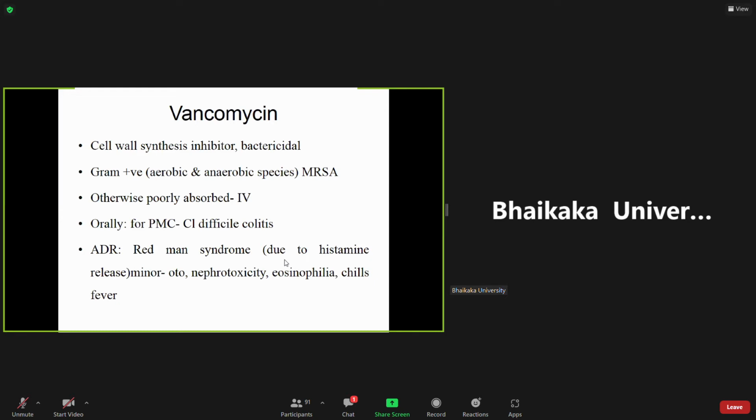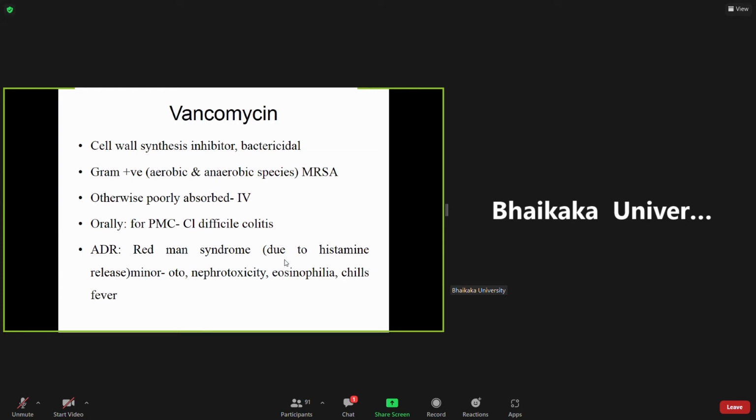I will definitely discuss why this pseudomembranous colitis forms. For now just remember it is one of the types of super infection caused by Clostridium difficile. At this moment you are not aware of all the microorganisms or all the drugs which cause super infection. That's why I'm not going into details of super infection right now.